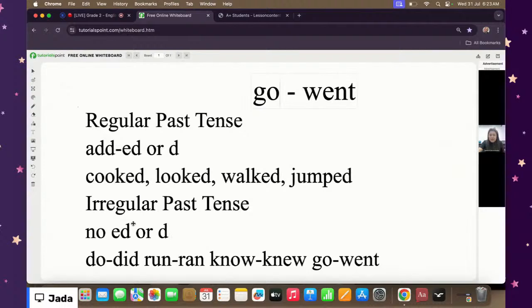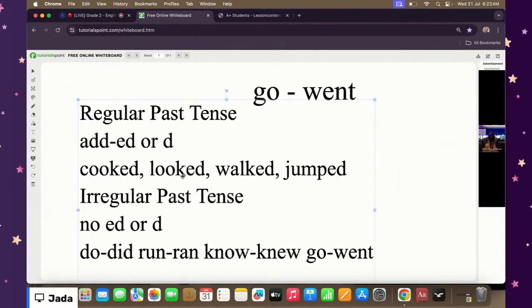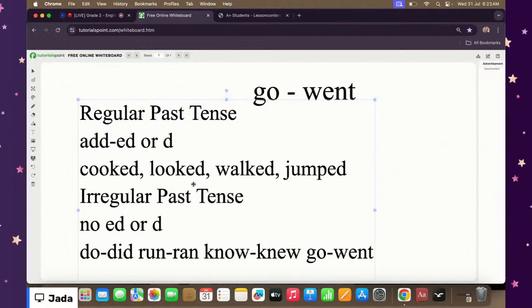So it's just the basics: no ed for irregular past, but the regular has the ed, just like we have here: cooked, looked, walked, jumped. These all are in the regular past, and you add ed to them. But the irregular ones here are in the past too: do, did; run, ran. You do not add ed to these ones.